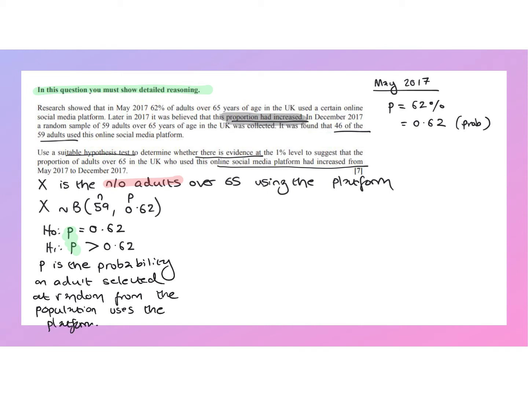Now, I probably should say an adult over 65 selected at random from the population uses the platform.